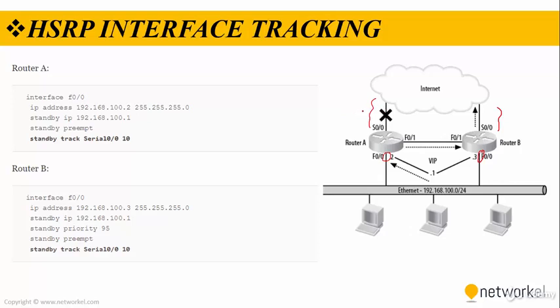If this interface fails, for example, if the serial 0/0 interface fails, HSRP is decrementing the priority value of router 1 and router B is becoming the active router, so I'm not having an interruption, and traffic is flowing in this direction.